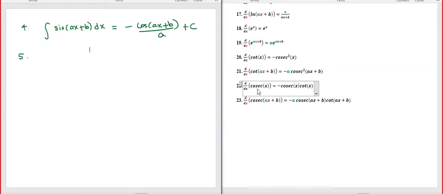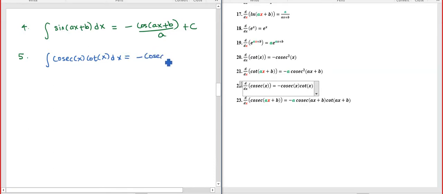Since we know that derivative of cosecant x is minus cosecant x cot x, we can write integration of cosecant x cot x dx will be minus of cosecant x plus c.